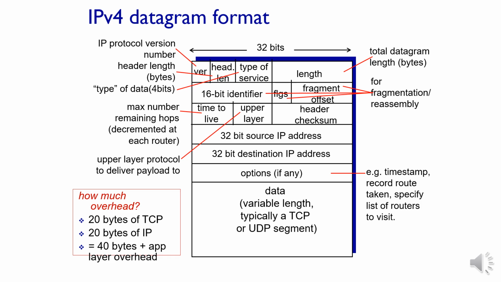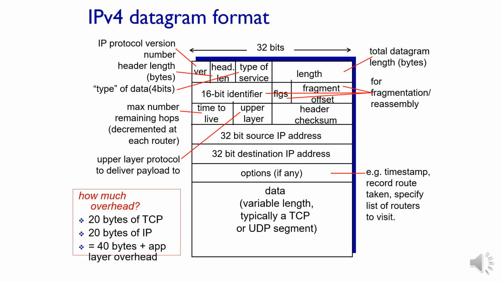And time to live TTL, the protocol name of the upper layer, header checksum, 32-bit source IP address, destination IP address, and options field, which may contain the timestamp, record route taken, or specify the list of routers to visit, etc. And the last field is the data field, which is variable length data.